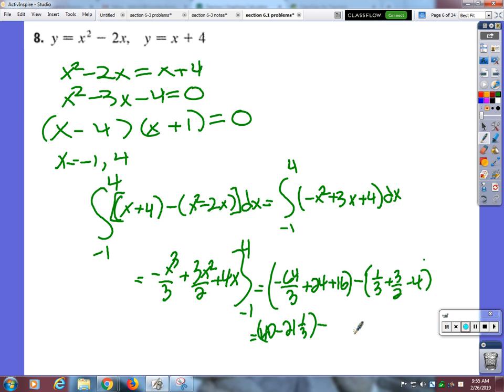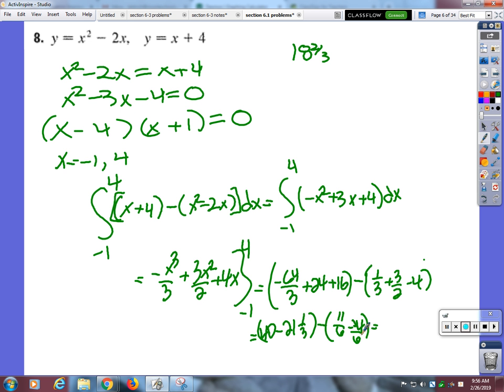What is that? 2, 9, 11 sixths. Okay. 40 minus 21 is 19, minus another third is 18. So I got 18 and 2/3. And then this is going to be 24 over 6.